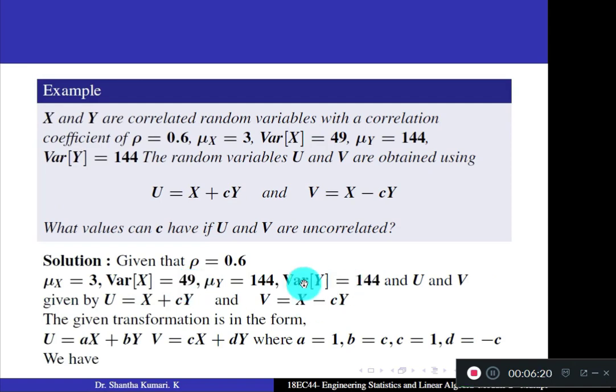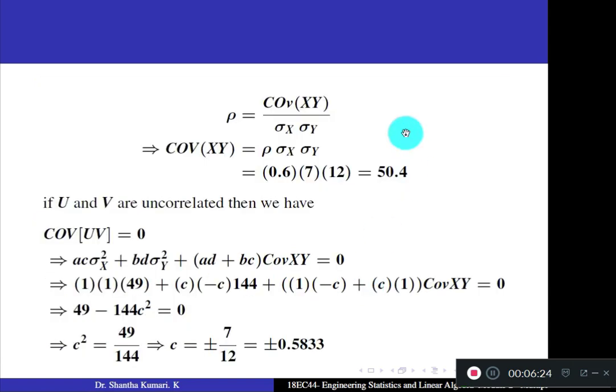And sigma y you can find as the square root of variance of y. So three terms are known in this formula, but covariance of xy is not known. So try to find covariance of xy. Rearrange the terms. Covariance of xy is given by rho into sigma x sigma y. Calculate. You get 50.4.